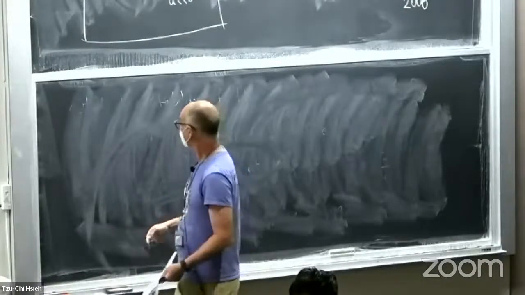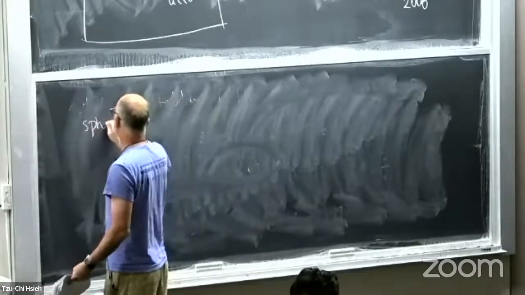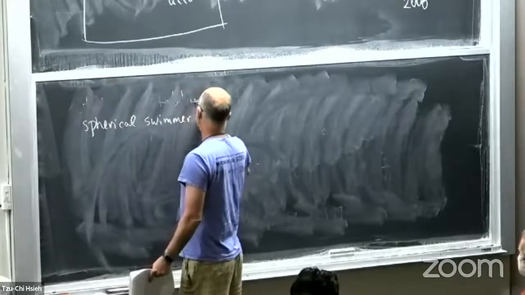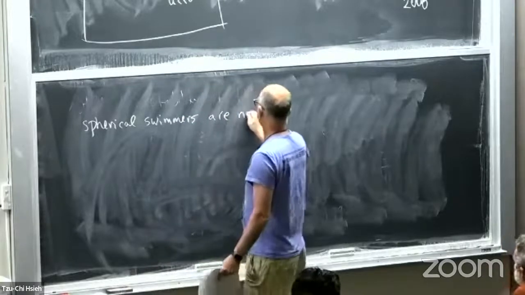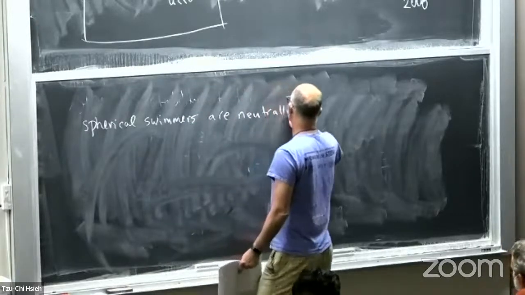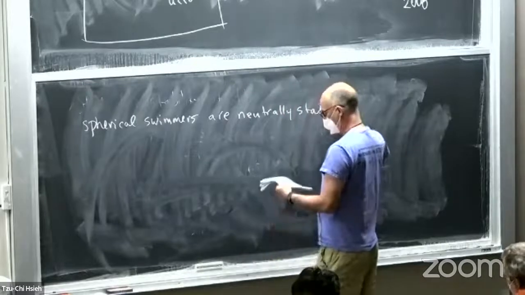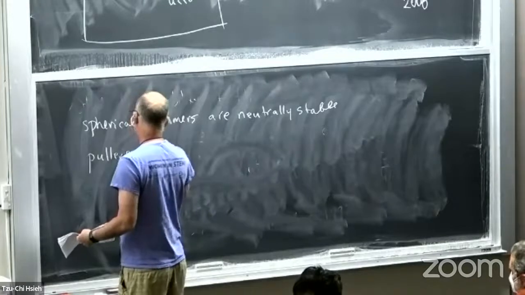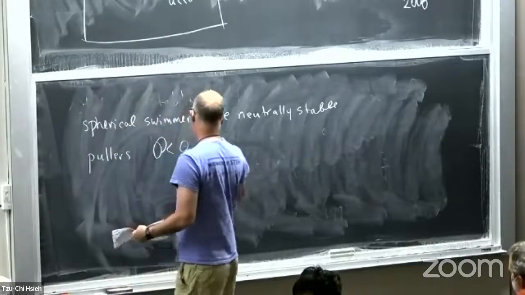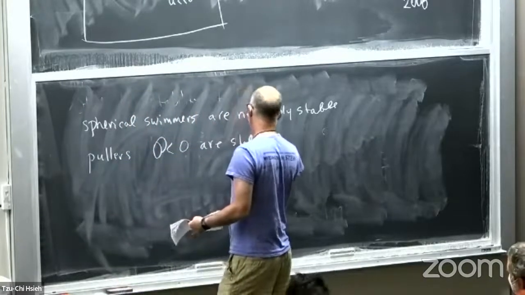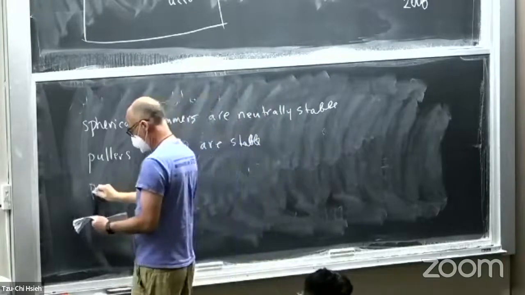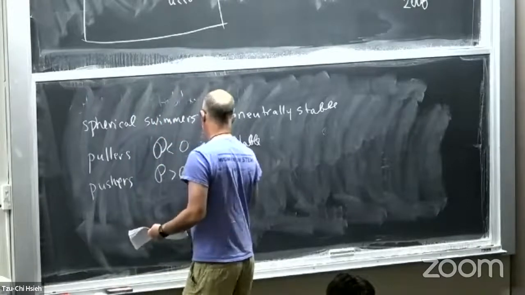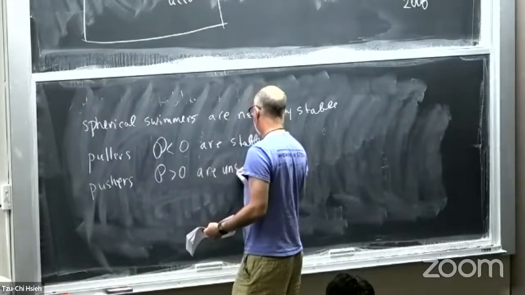instability. Okay, so spherical swimmers are neutrally stable. Pullers are stable, and pushers are unstable.